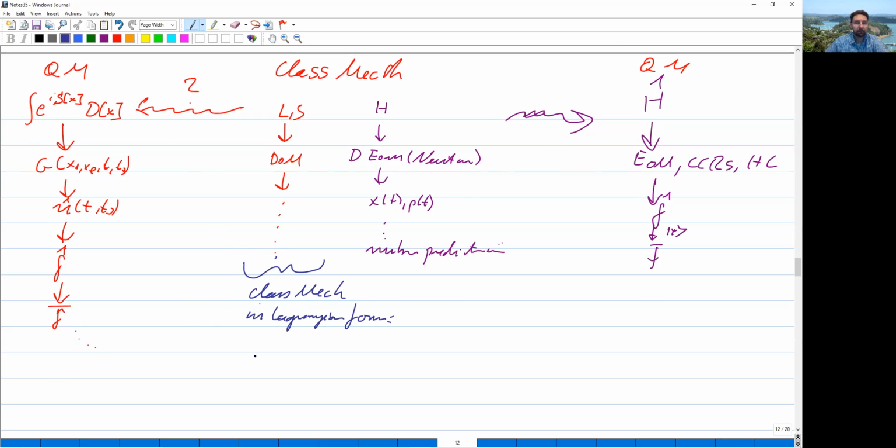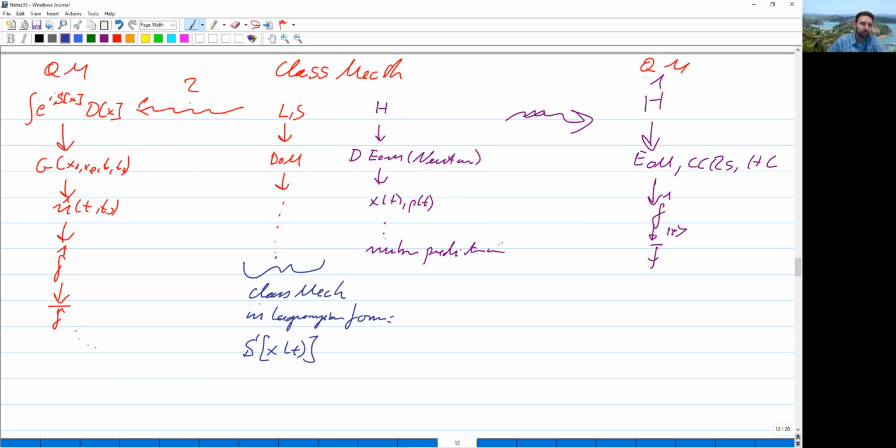Well, there we say consider all possible paths x(t) that our particle could take, and then calculate the action for it, very similar to what we do in the path integral, right? So we take a possible path and then calculate the action for it.